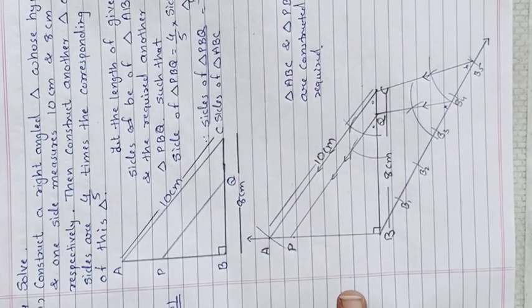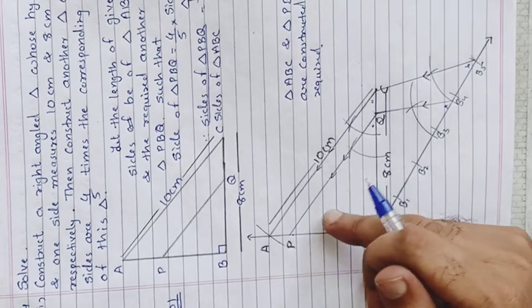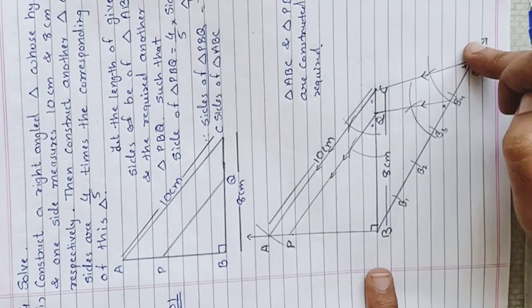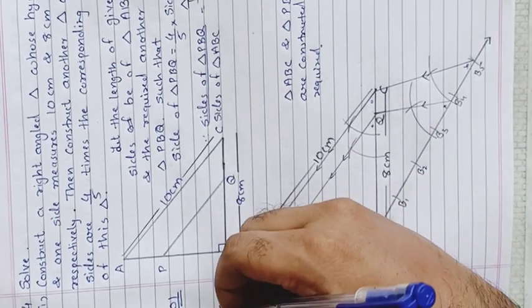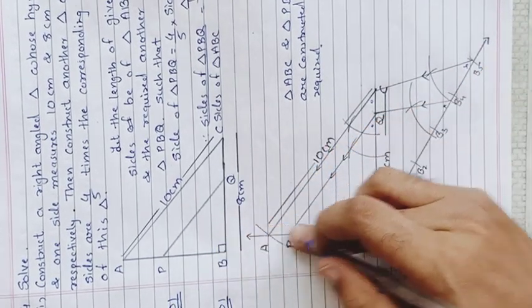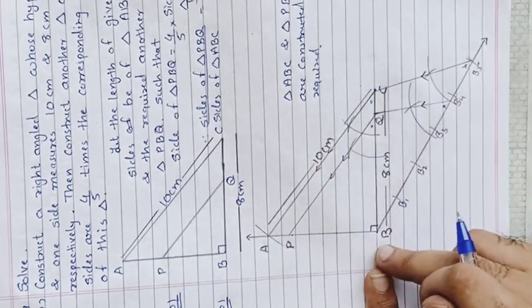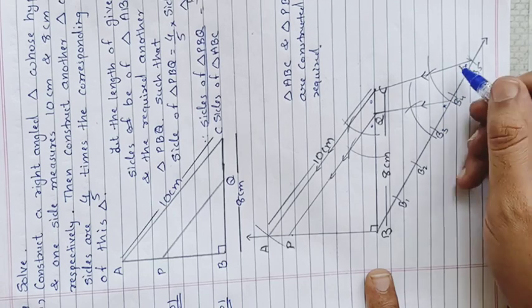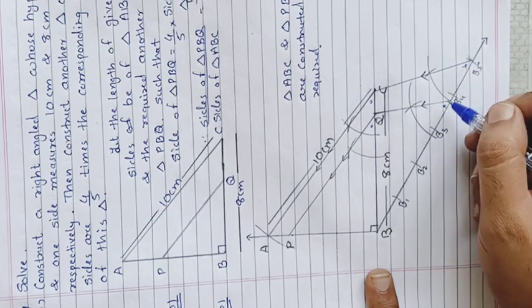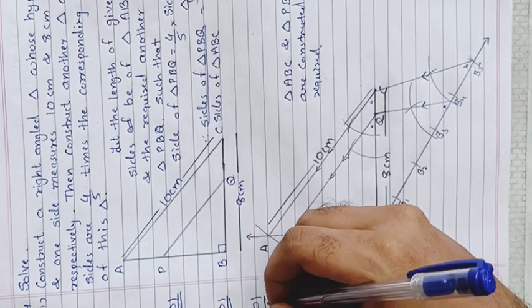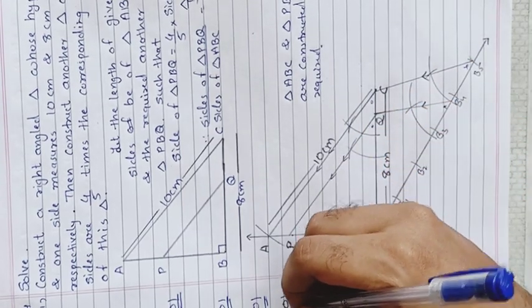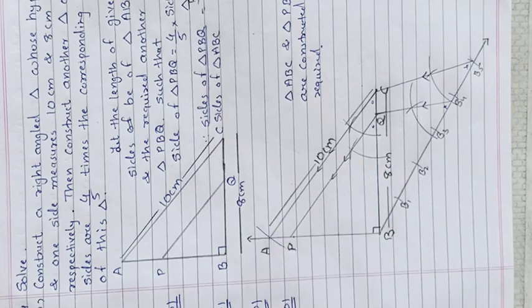Then if you have drawn at least the first triangle ABC and the 5 parts, give 1 more mark. Then if you have drawn these 2 angles properly, you will get 1 more mark. And finally when you have drawn the second triangle, you will get 1 mark. So this is of 4 marks. Hope you understood.